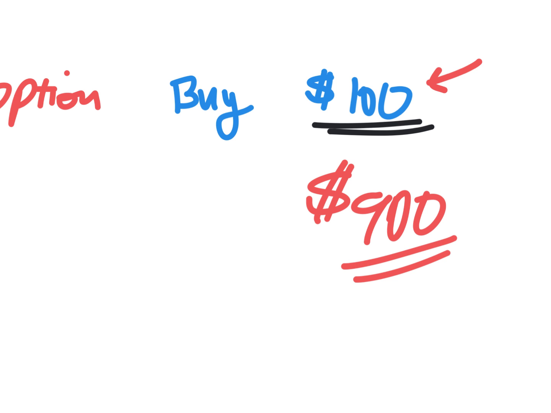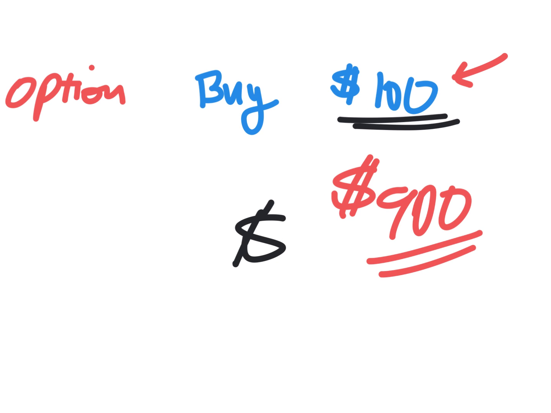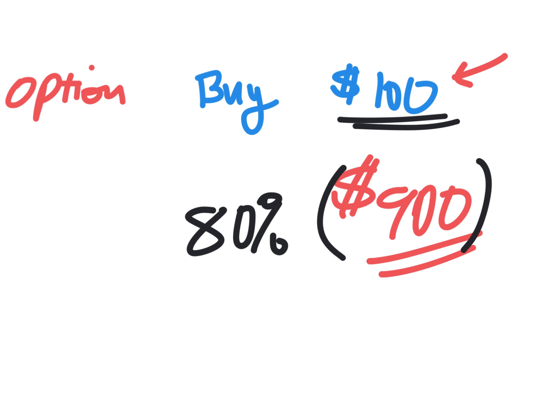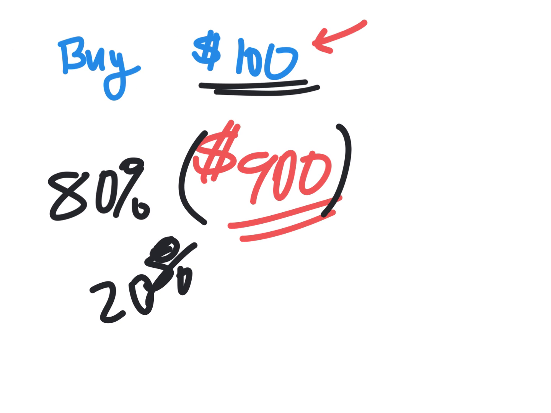So if you thought that there's an 80% chance you think it's going to hit $900 a share, and sure, there's a 20% chance that it's going to be only worth, I don't know, still the same $100 a share. Then you can figure out what that's worth.